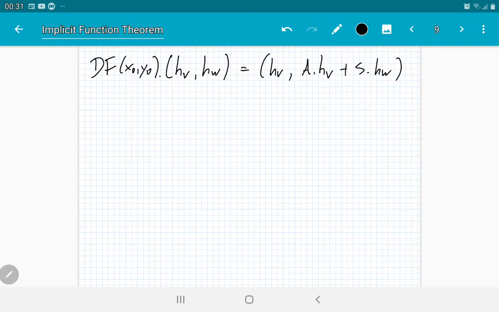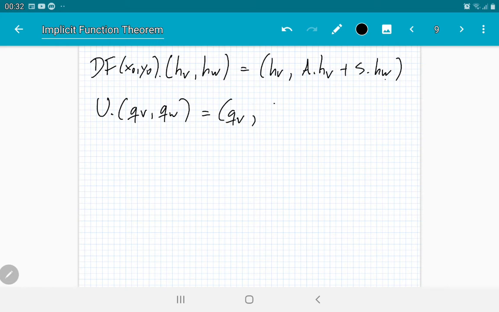So how do you invert this linear mapping? I'm just going to define u of a pair qv, qw. So I want to define the inverse. With the first coordinate, I don't need to do much: whatever I put in, I get out, so I don't need to invert it. Now, I'm going to take the second coordinate, so I want to get back hw.